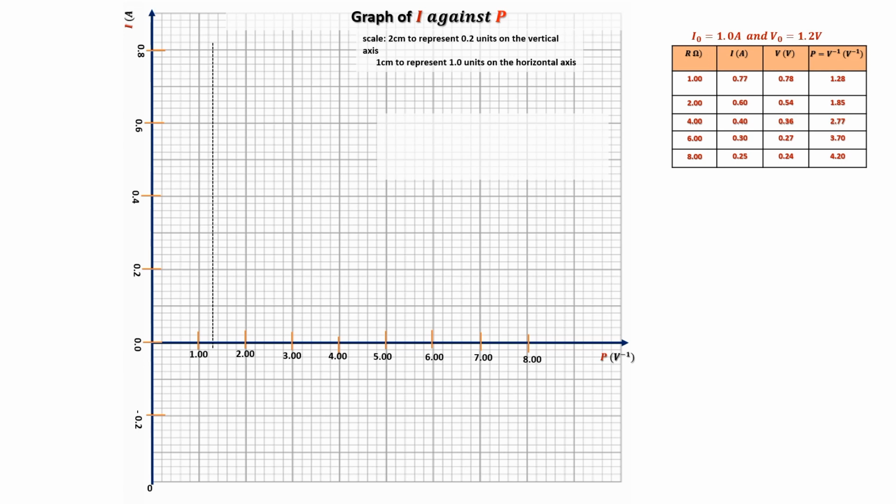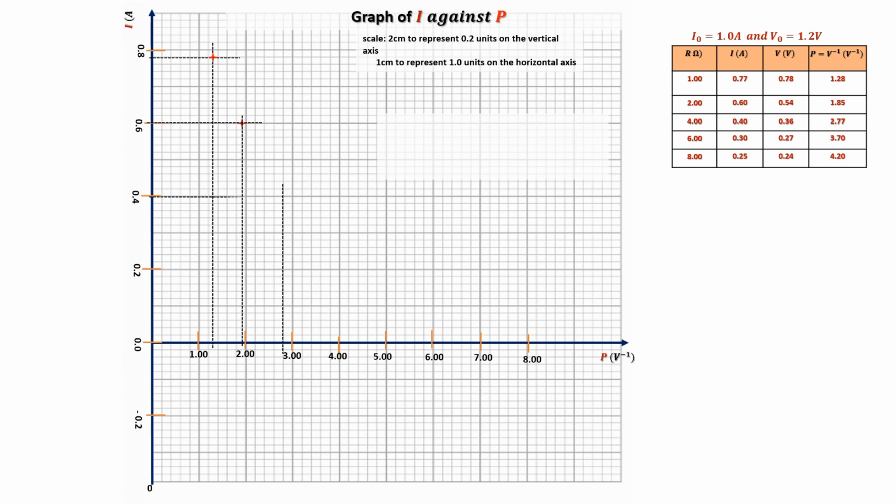So now when the value of P is 1.28, the current is 0.77, so we mark out the point. And when P is 1.85, the value of the current is 0.6 ampere. All right, so when P is 2.77 per volt, the value of the current is 0.4 ampere.